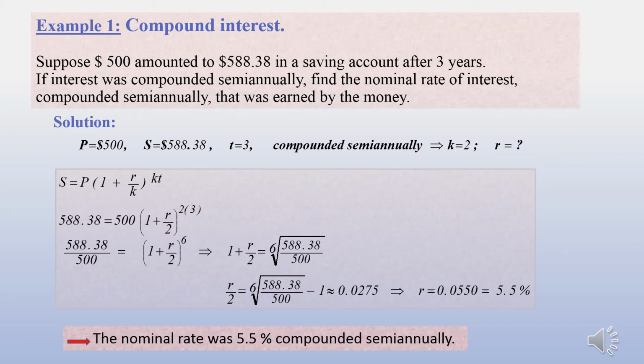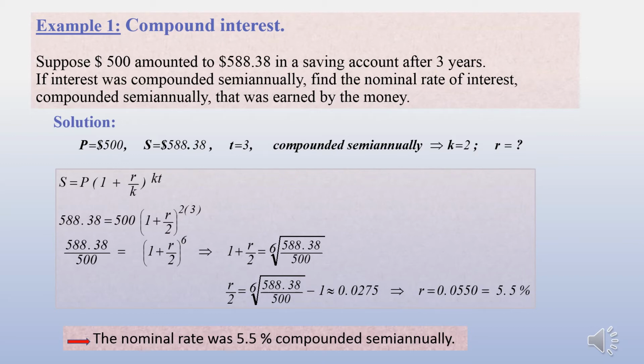So we have 588.38 equal to 500 multiplied with (1 plus R over 2) to the degree of 2 multiplied with 3. We divide both sides by 500, so we will have 588.38 divided by 500 equal to (1 plus R over 2) to the degree of 6.